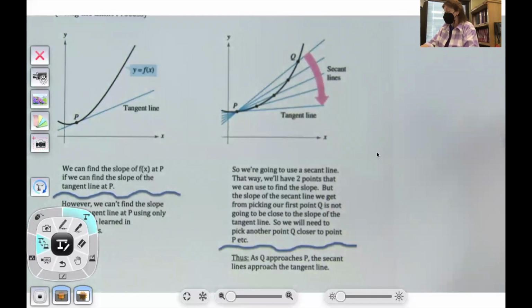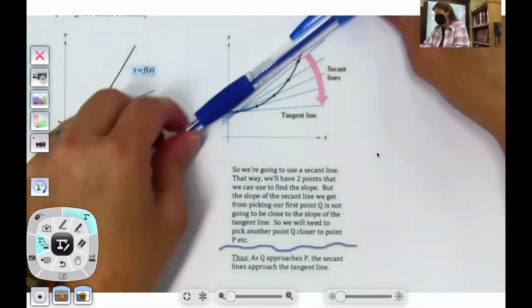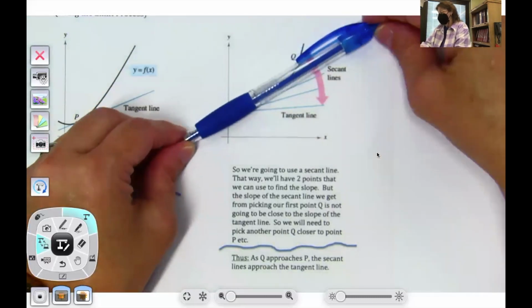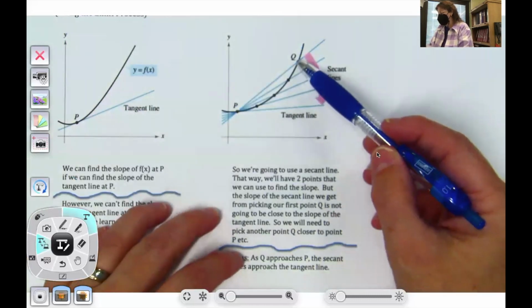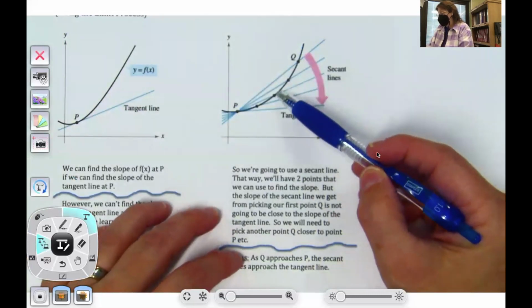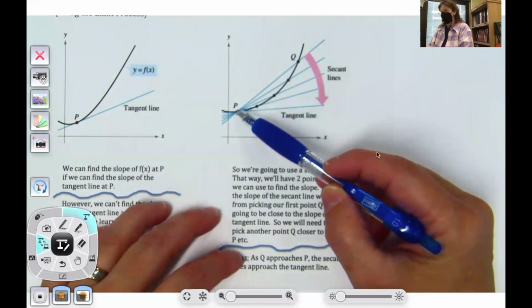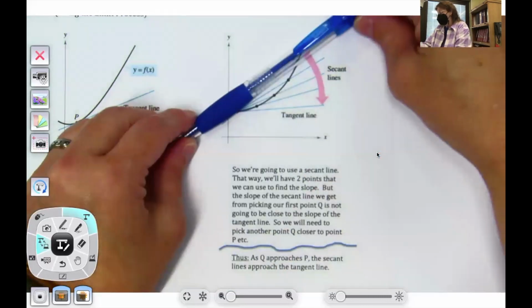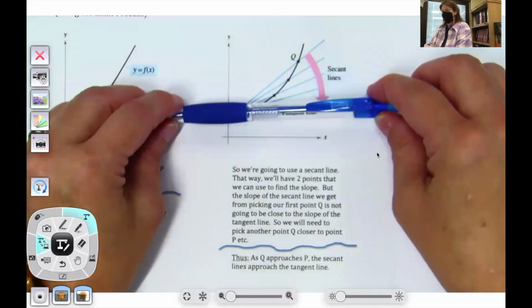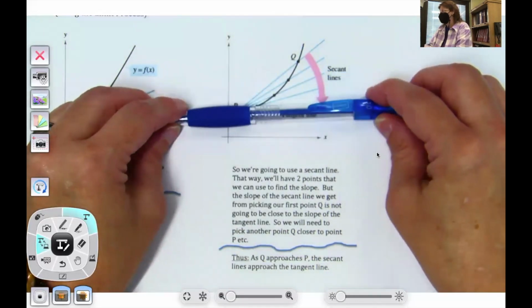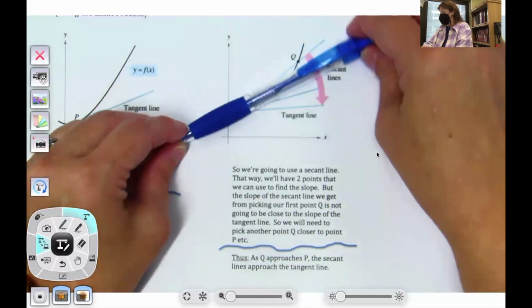Now, eventually, look what's happening. As I pick points Q closer and closer to P on the curve, what's going to happen to those secant lines? Eventually, they're going to line up with that tangent line, aren't they?